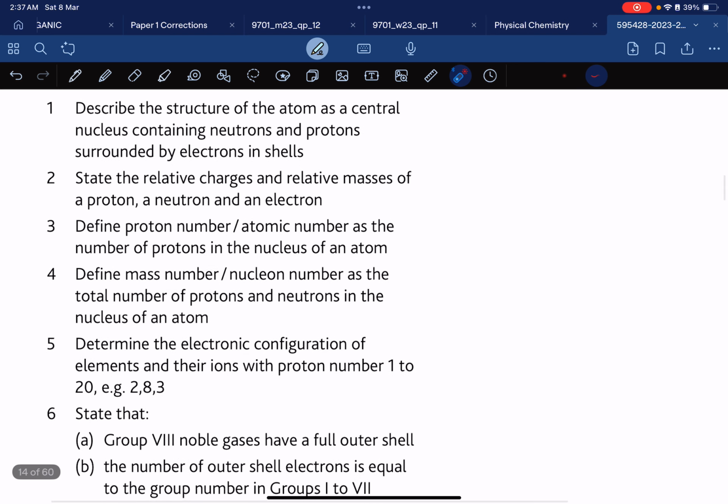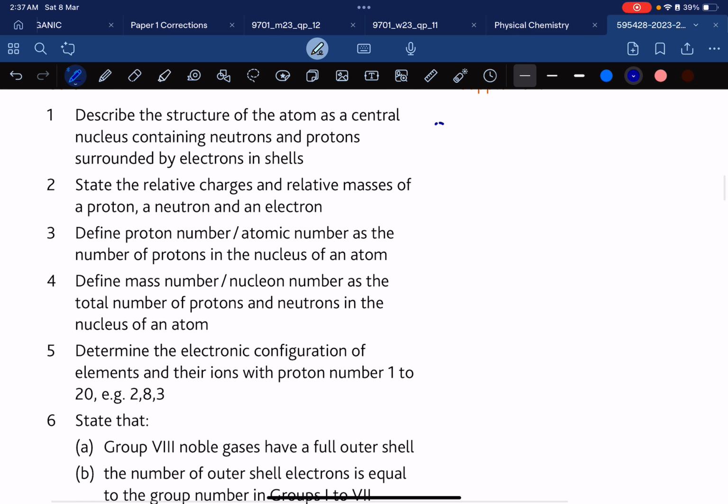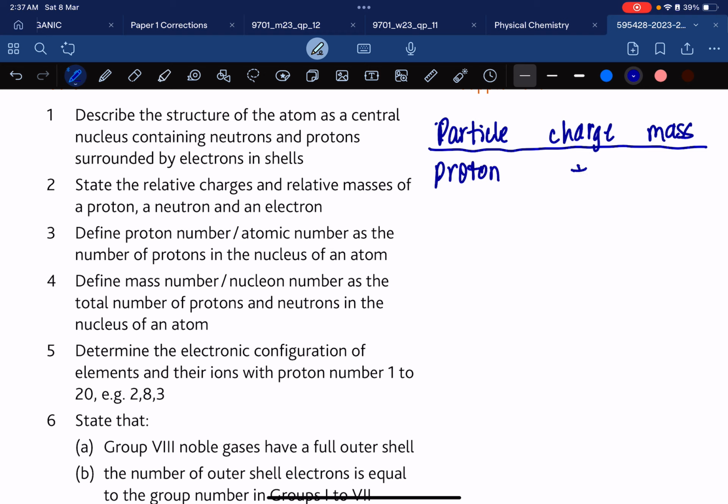Then state the relative charges and relative masses of a proton, neutron and an electron. Let's say I have my particle here, the charge here, and then the mass here. A proton has a charge of +1 and a mass of 1 AMU. The electron has a charge of -1 but a mass of 1/1840.